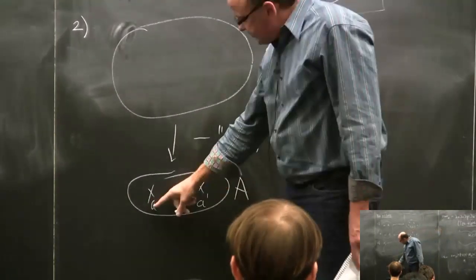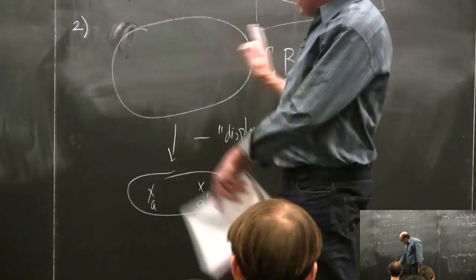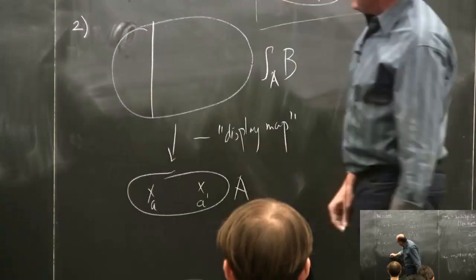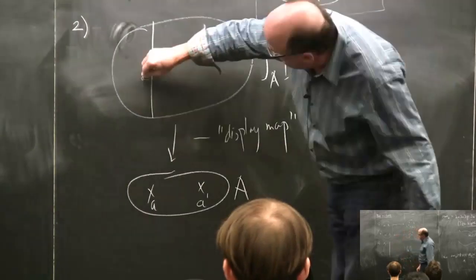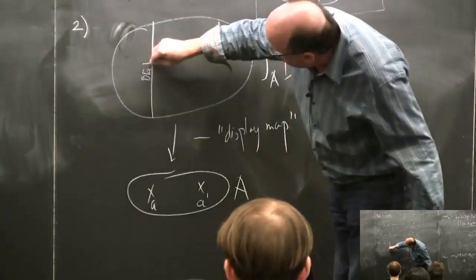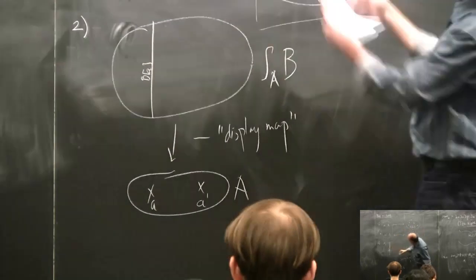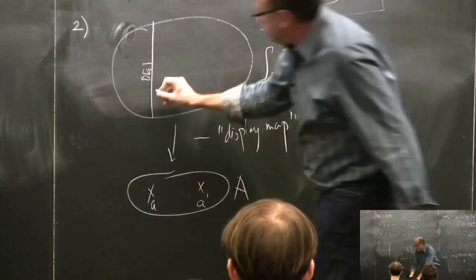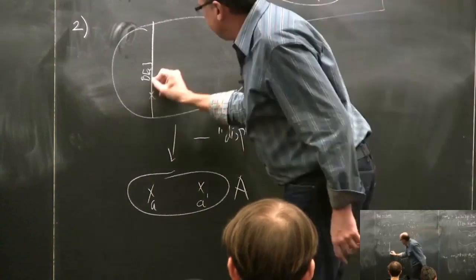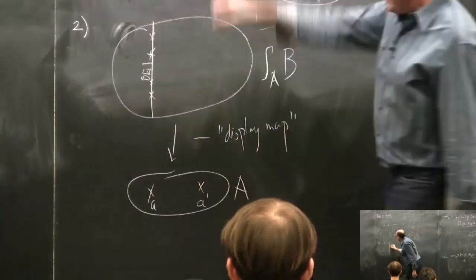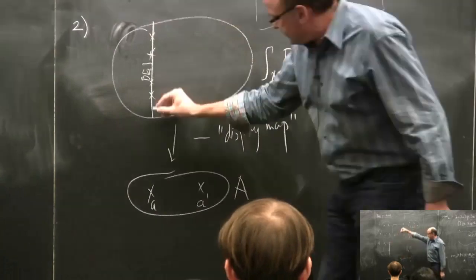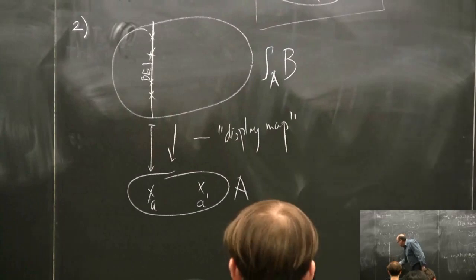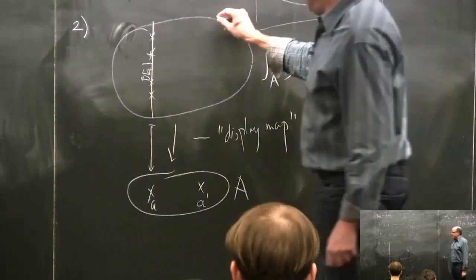The way to depict it is you reorganize everything so that all the stuff that lives over B of A is thought of as inhabiting that line. So this is B of A. I smush this stuff, reorganize all these guys, and stack them up like this and make that line. And that line is designed to sit right above A. So this line is sent to little a down here.